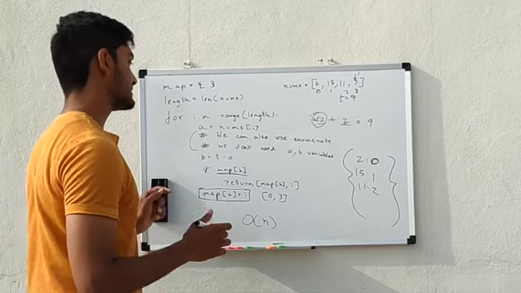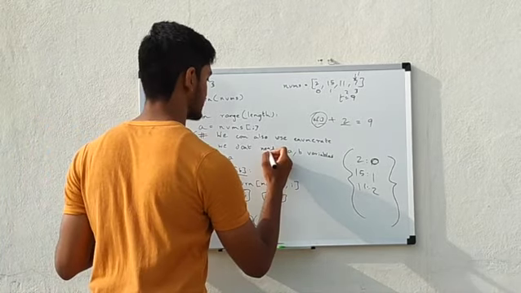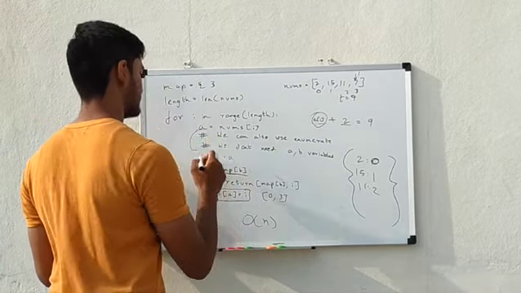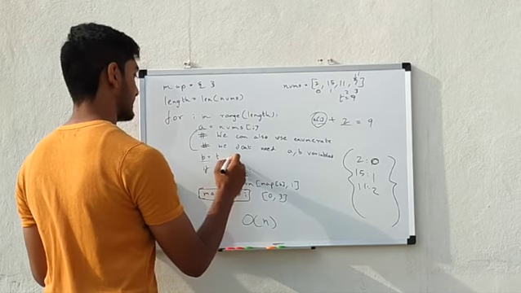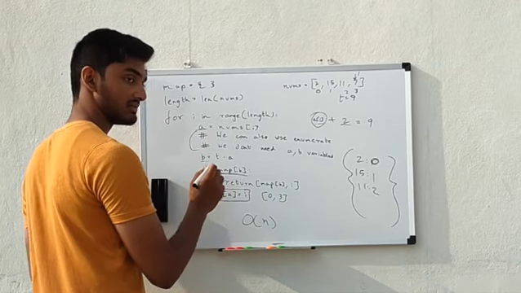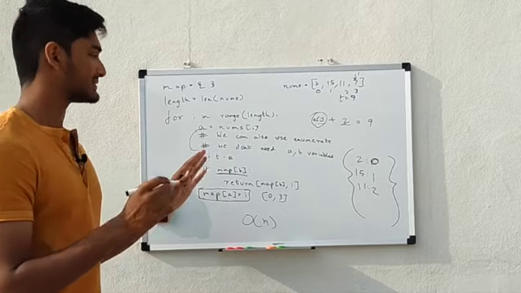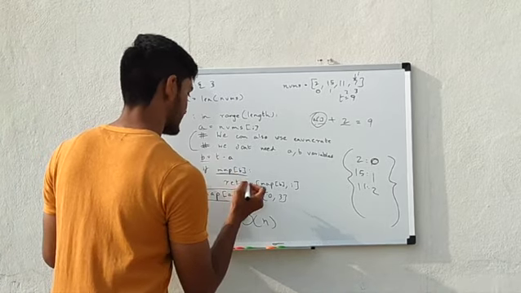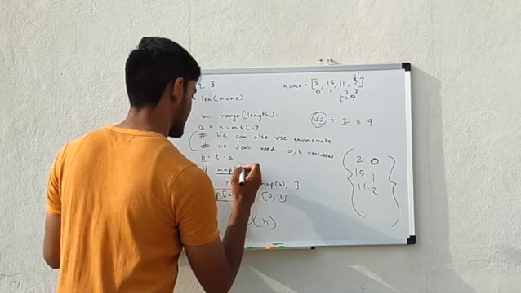And the second thing is, we don't need these two variables, a and b.